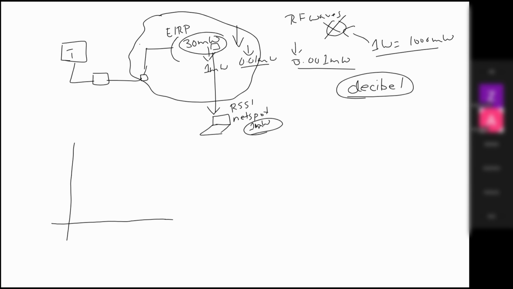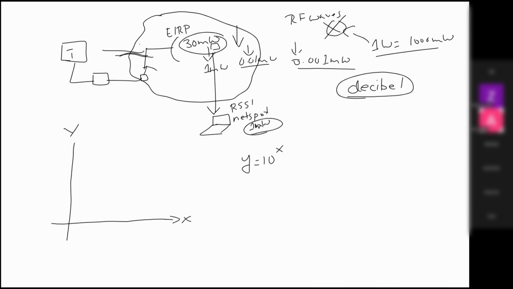Now to understand the decibels, I'm plotting a graph. This is the X value, this is the Y value, and I will write an equation: Y is equal to 10^X. Just see this here.